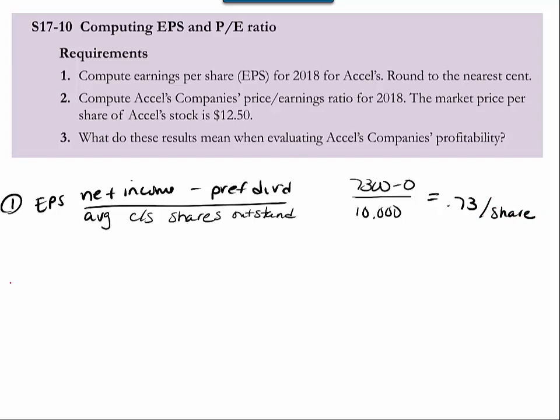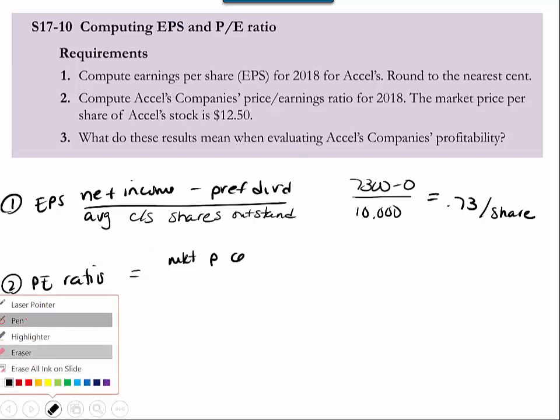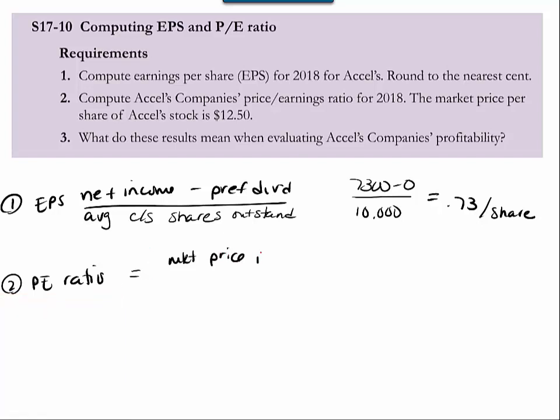Now that we have that, we can calculate the price earnings ratio, which is the market price per share divided by the earnings per share.